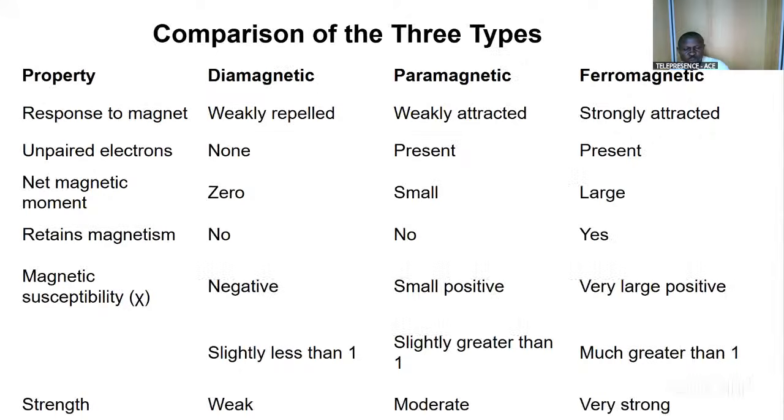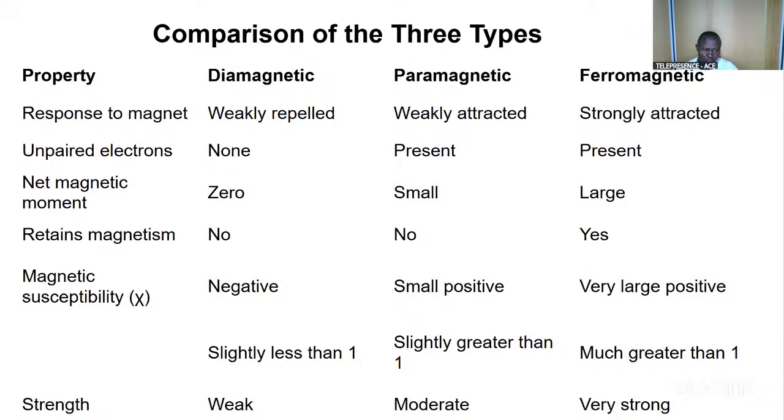So we can look at this table to compare the three types of magnetic material. You have the property, and we have diamagnetic, paramagnetic, and ferromagnetic material.